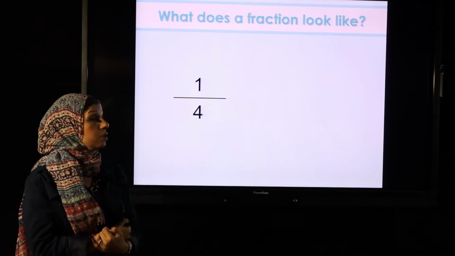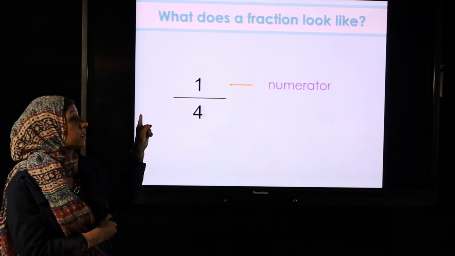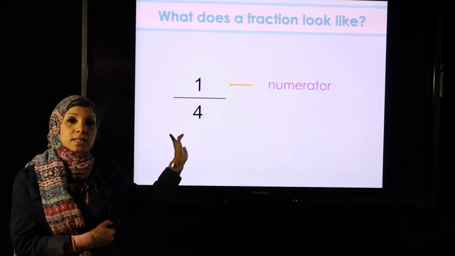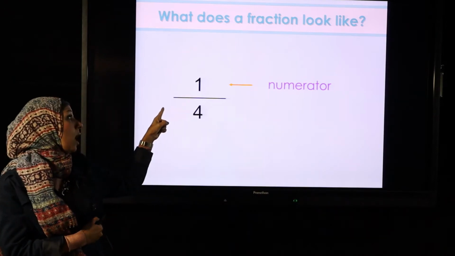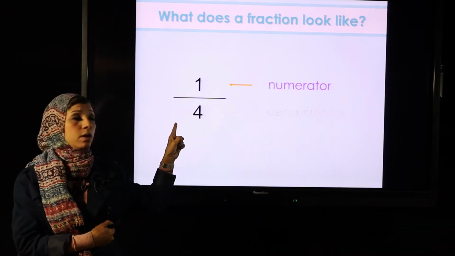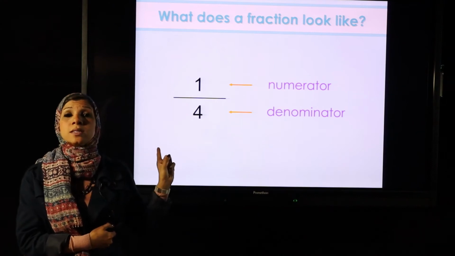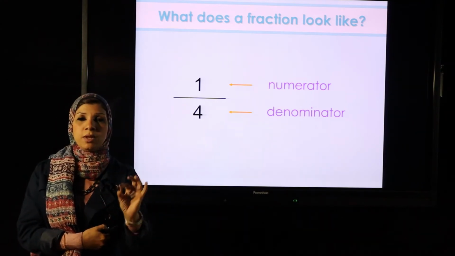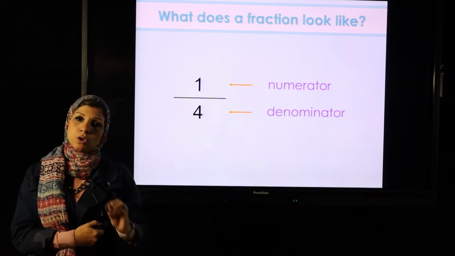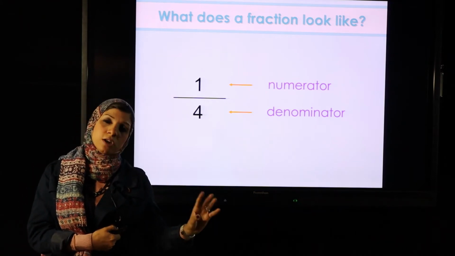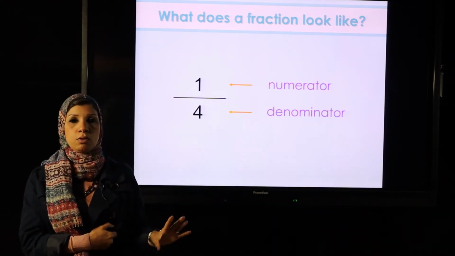What does a fraction look like? This is called a fraction. This is the shape of the fraction. The number up is called the numerator, and the number down is called the denominator. The denominator is like down, so down means denominator, okay?